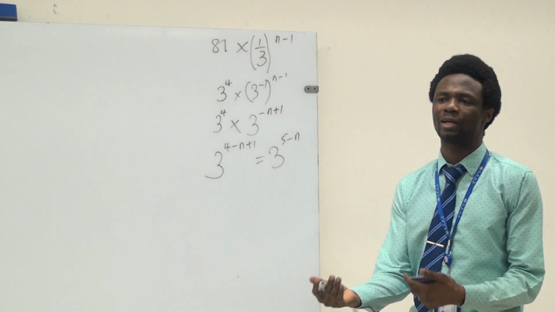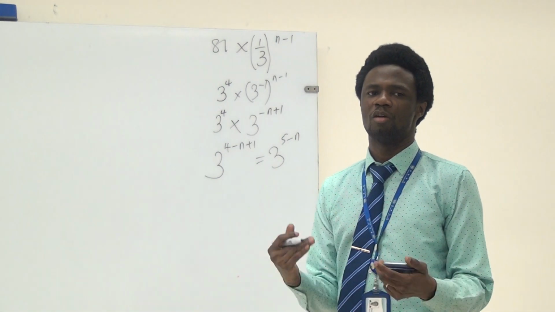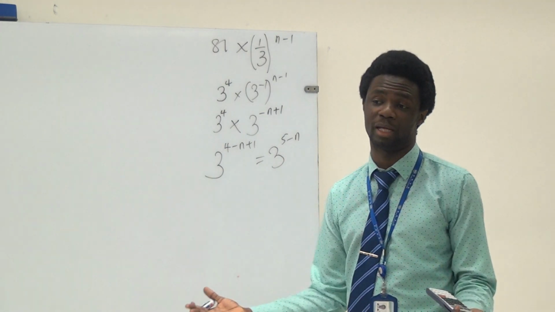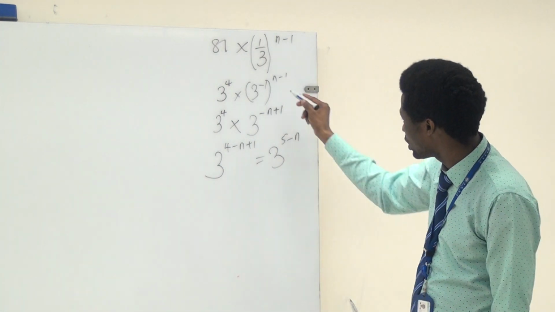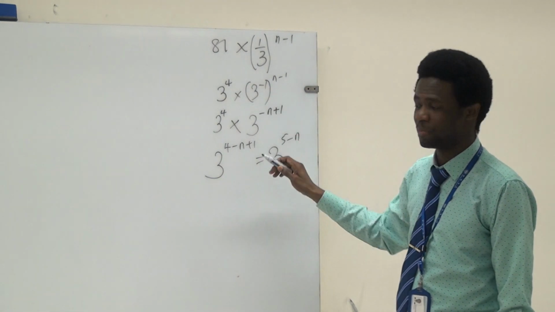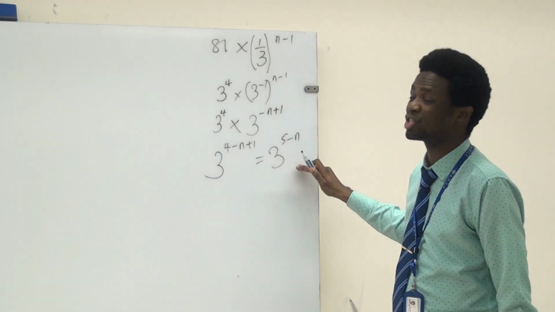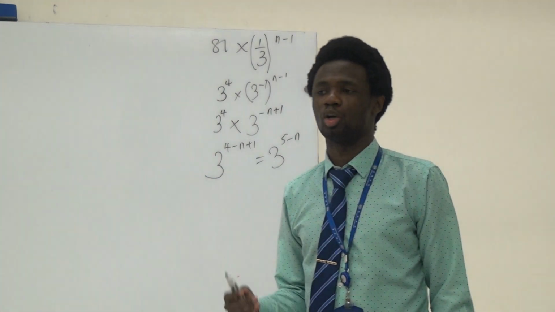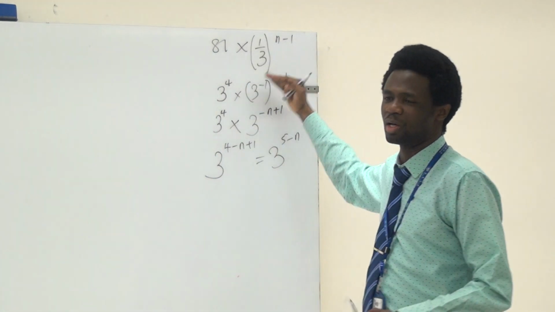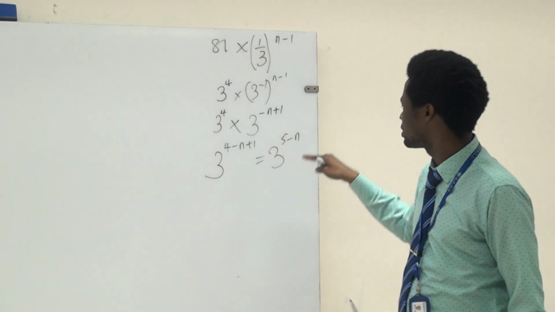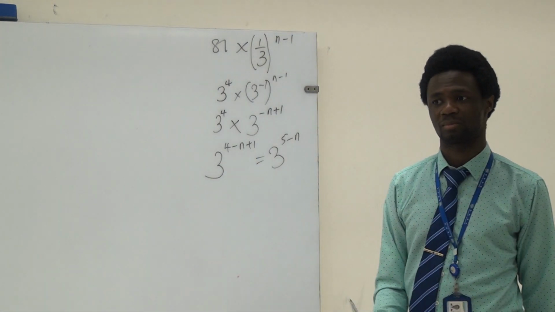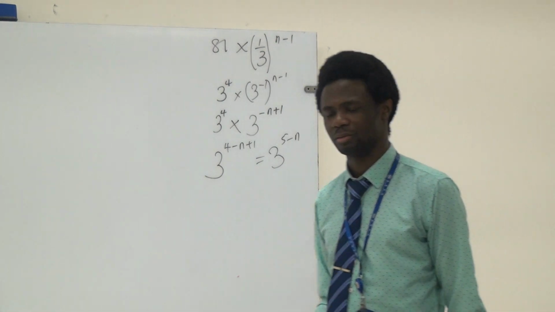For example, we are trying to test your skills of indices, which is what you apply here. So I will just give you a question, show that the nth term is this, meaning I need you to simplify to this point. So don't try to stop here because, oh, they're going to give me my mark anyway. What if the question says stop here? Do you get my point now?